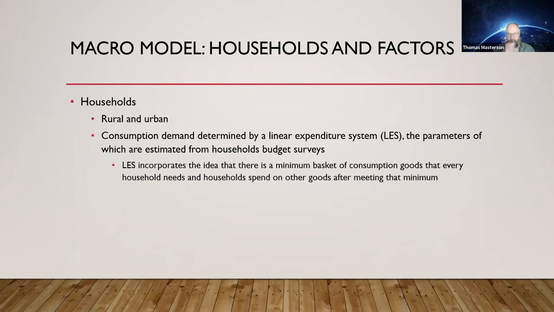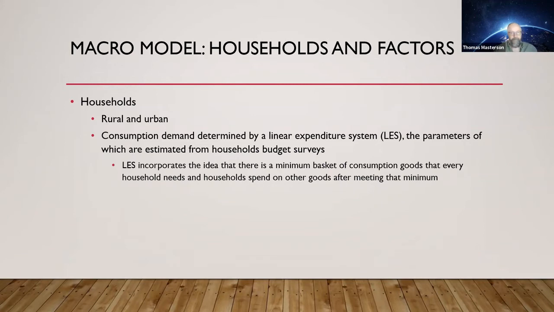So there's a minimum level that spending is going to happen, and then beyond that, it's kind of optional what other things they buy. So that's the framework in terms of determining consumption demand of the household sector. We estimate that separately for rural and urban households.